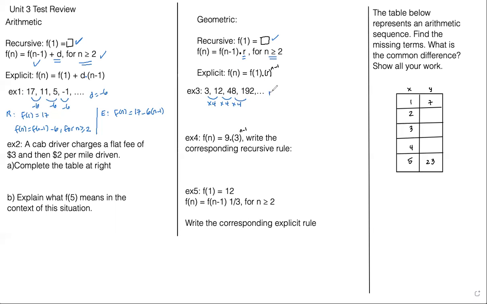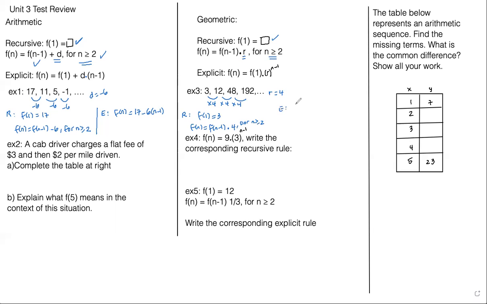So our common ratio, r, is 4. So therefore, the recursive formula for that becomes f of 1 equals 3. The first term is 3. F of n equals f of n minus 1 times, what are we multiplying by every time? We're multiplying by 4. And also don't forget for n greater or equal to 2 after that. That's for recursive.